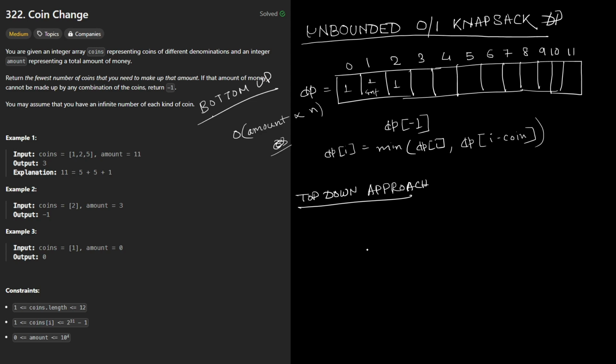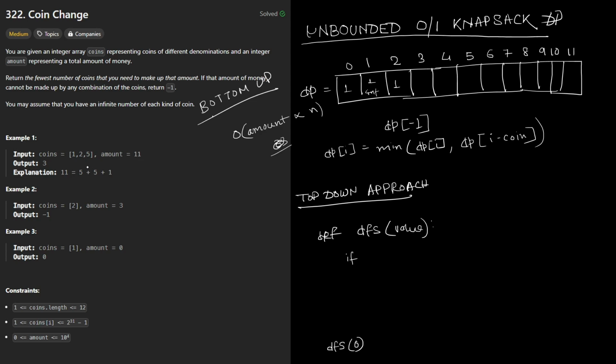So here we are going to create a function dfs, and we are going to pass in the value. Initially the value would be 0. So we are going to call dfs of 0.